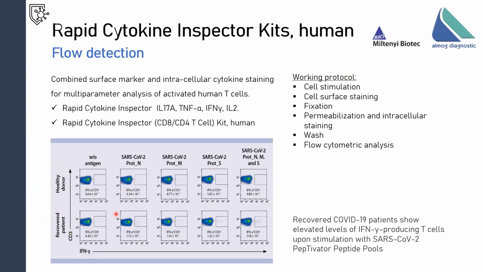Those are the control cells, unactivated, unstimulated. These cells have been stimulated with the N protein PepTivator pool. This is with the M, this is with the S, and this is with the 3 pools. You can see here the secretion of the interferon gamma from the cell itself.